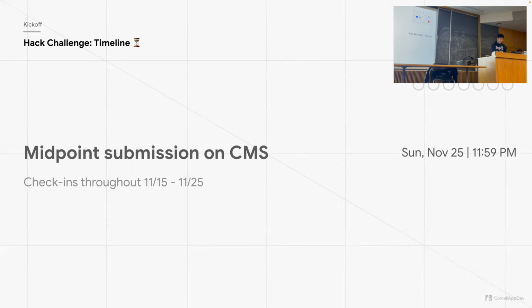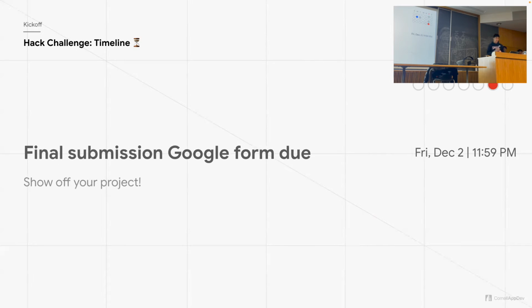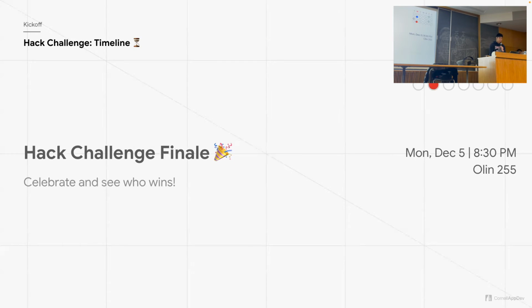So that's the midpoint submission. Then the following Friday is when your final submissions are due. So again, this is a 3-week span where you're going to be working on the project, and this will be the final version of your app that we're going to be reviewing over the weekend to finalize our prize winners on the following Monday.